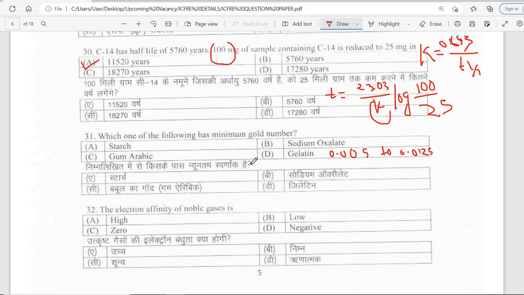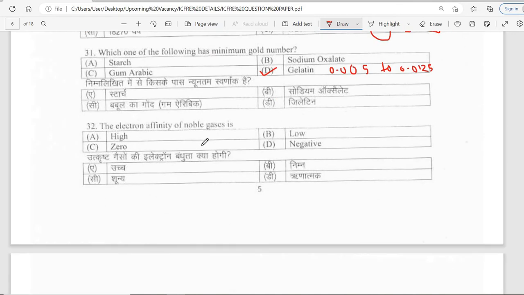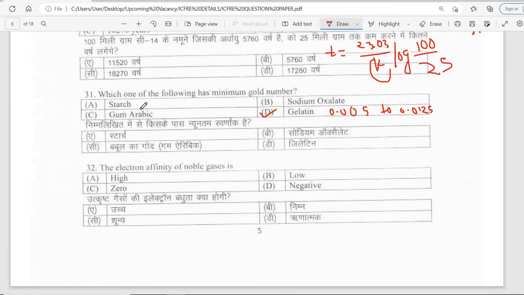The minimum gold number belongs to gelatin, with a value of 0.005 to 0.0125. Also, if you want to know the other gold numbers, starch has a gold number of 20 to 25, gum arabic has 0.1 to 0.15, and sodium oxalate has 5 to 10. So gelatin has the minimum gold number.